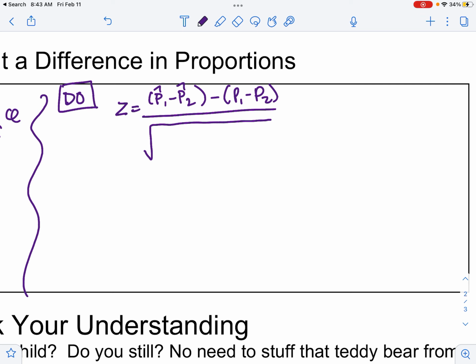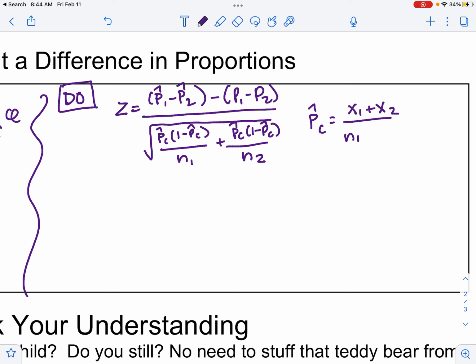Again, we use the p hat combined, so p hat combined times 1 minus p hat combined over n1 plus p hat combined times 1 minus p hat combined over n2. Remember, p hat combined is found by combining the two samples into one, so x1 plus x2 over n1 plus n2.